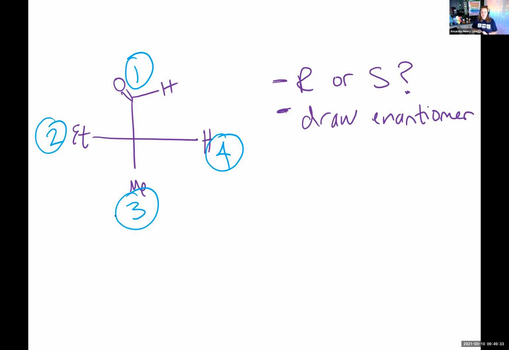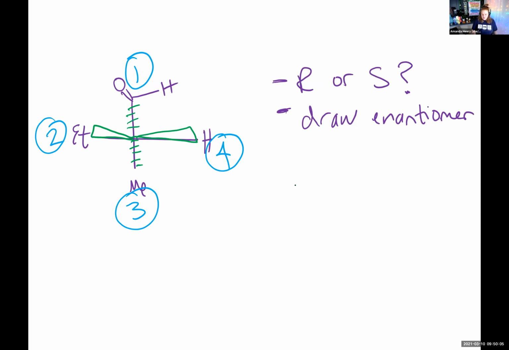Okay. Our second step was to put the lowest priority in the back, or kind of our shortcut for that is, if it's not in the back, if it's in the front, we figure out whether it's R or S, and then we just flip our answer. So with this, because our hydrogen is on a horizontal, that means that it's on a wedge.